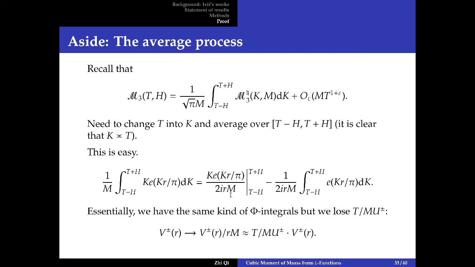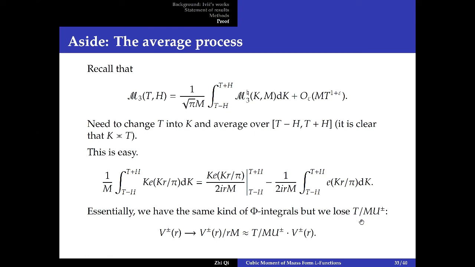R is supported on essentially U plus minus over T. So roughly speaking, you are losing a T over mu when you apply this averaging process. This is the loss that we have. Just keep this in mind.